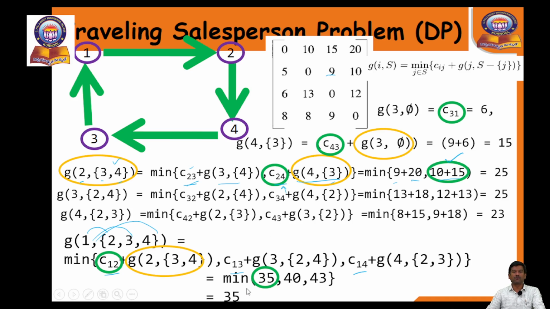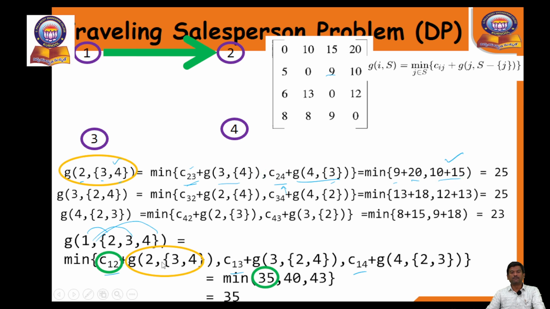We got the minimum value 35, and we traced back. Between 35, 40, and 43, 35 is the minimum, and the part that led to it is C12, so the path is established from 1 to 2. For the remaining part, G of 2 comma 3, 4, the minimum is 25, which comes from C24, so the path is from 2 to 4.